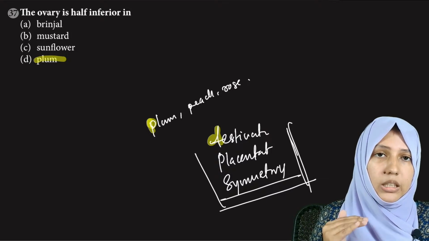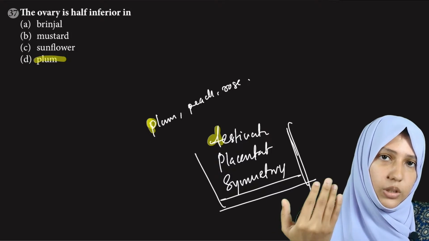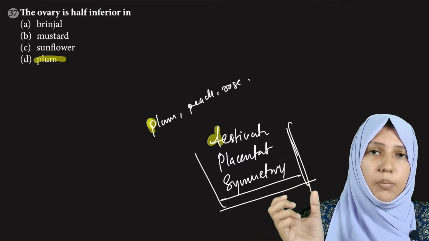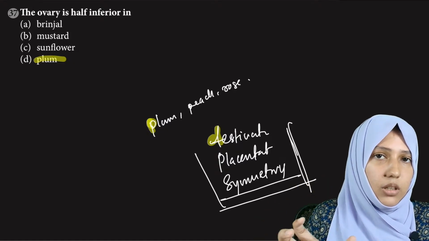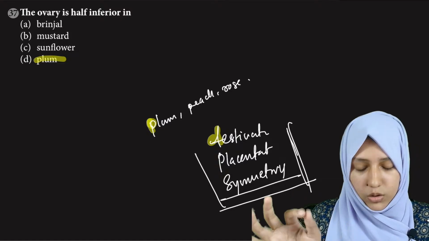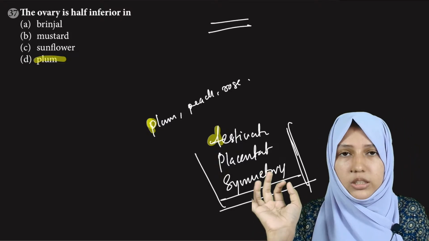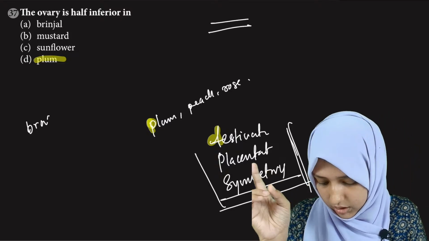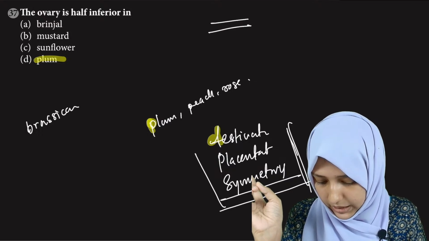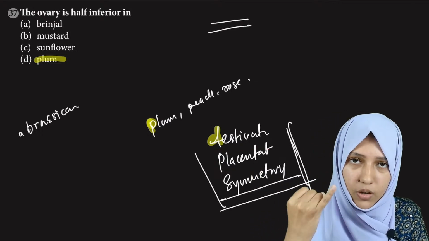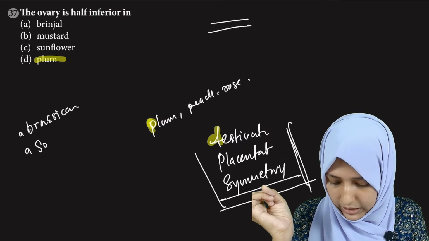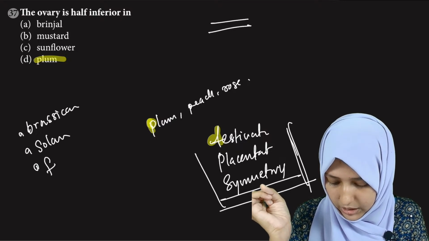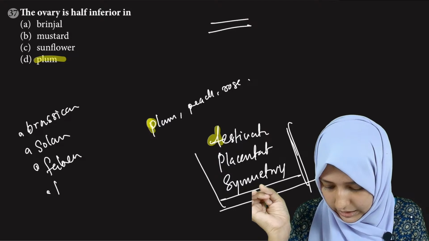So please go through the NCERT again and again and be specific with the examples. Clear? And also be specific with the families. Just 4 families you have to note. You just have to see the floral formula of Brassicaceae, Solanaceae, Fabaceae and Liliaceae.